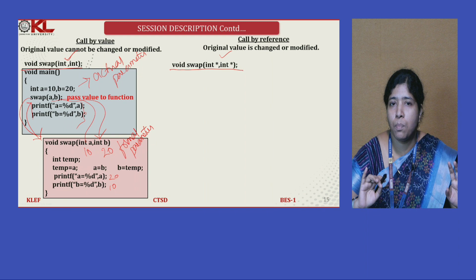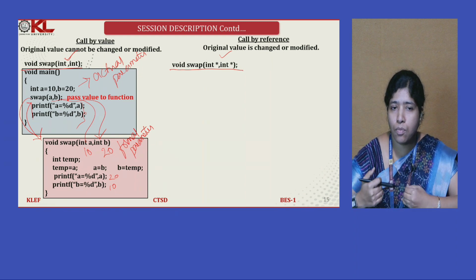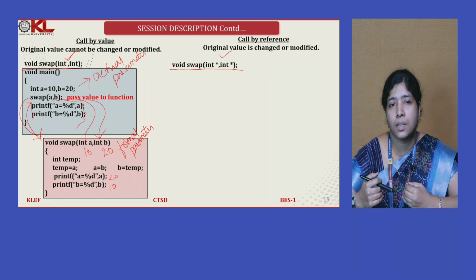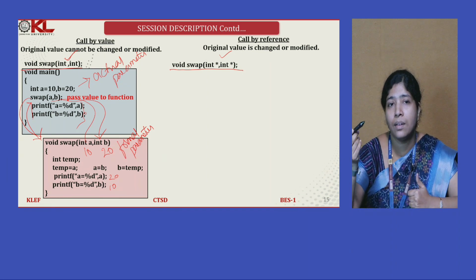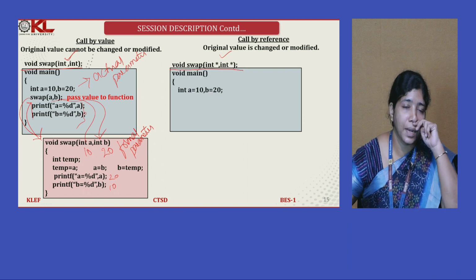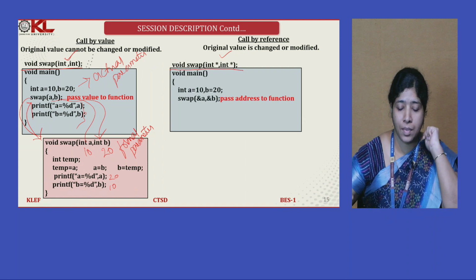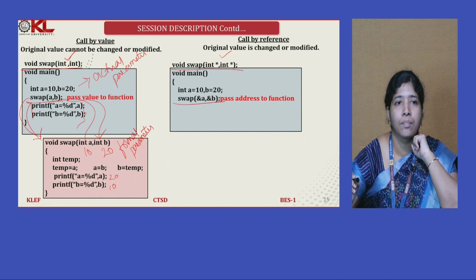So what happens with the pointer variables is that whenever I perform anything in the formal parameters, that is nothing but in the user function, that is going to reflect in the address, and there the variable is going to change. So we'll see that one there. So now I am taking A and B values. Now can you see the calling of function here and here there?